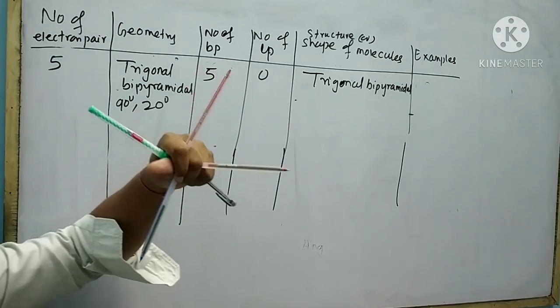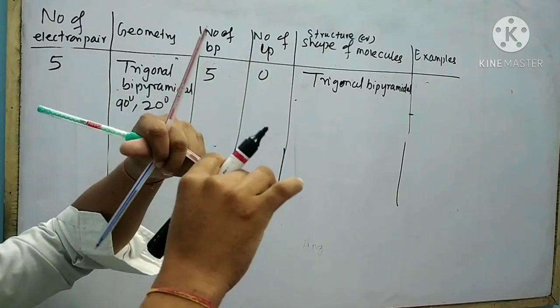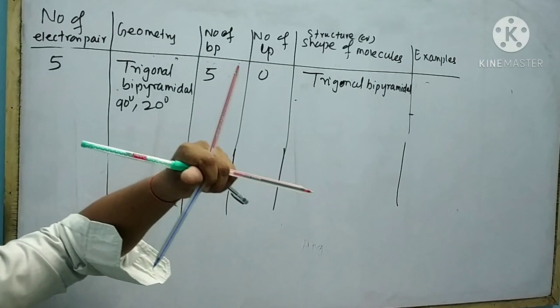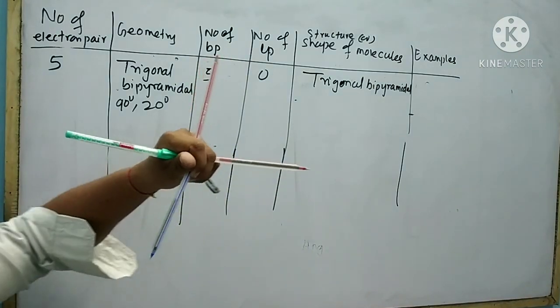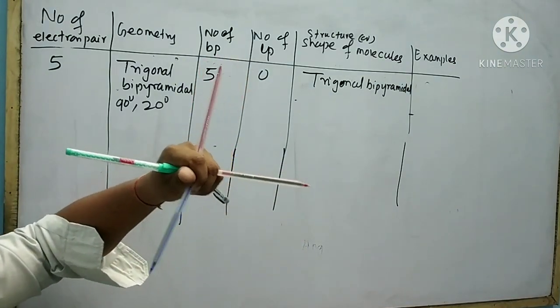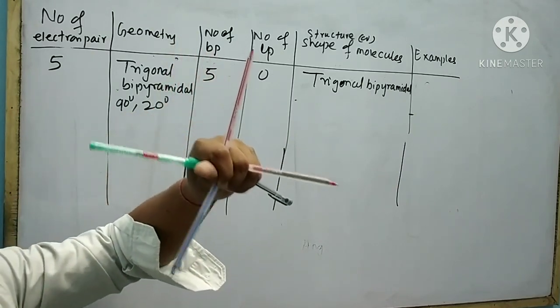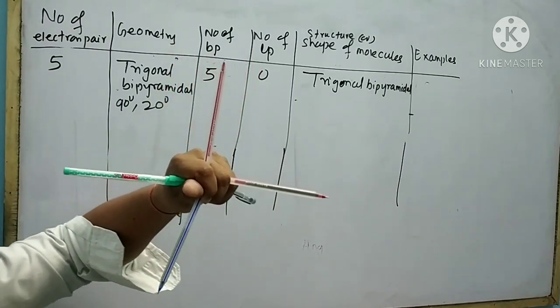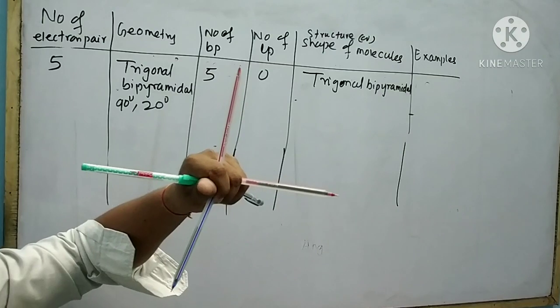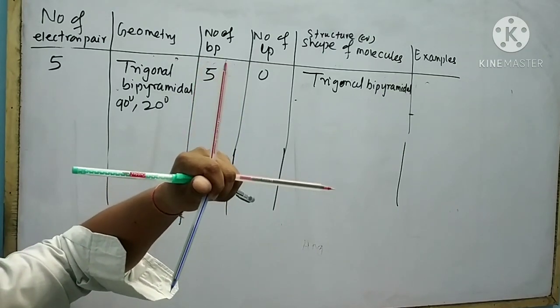Look at that, the shape of the molecule also looks like this. In this case, the geometry is equal to the shape because here all the electron pairs are bond pairs. There is no lone pair present in this molecule.